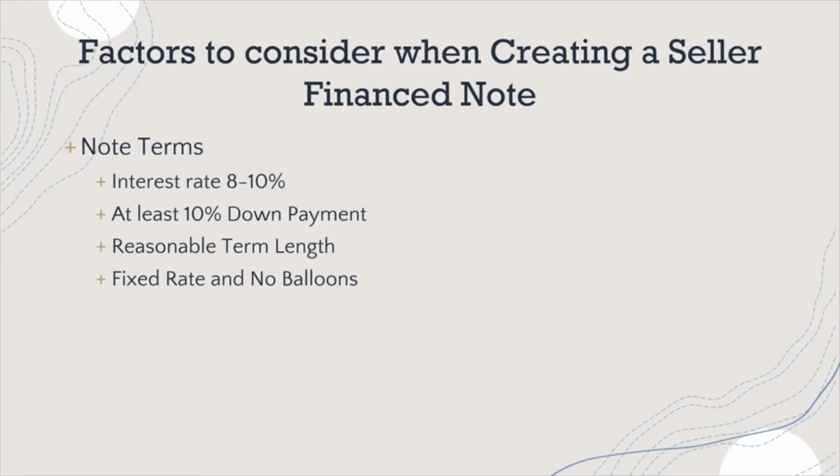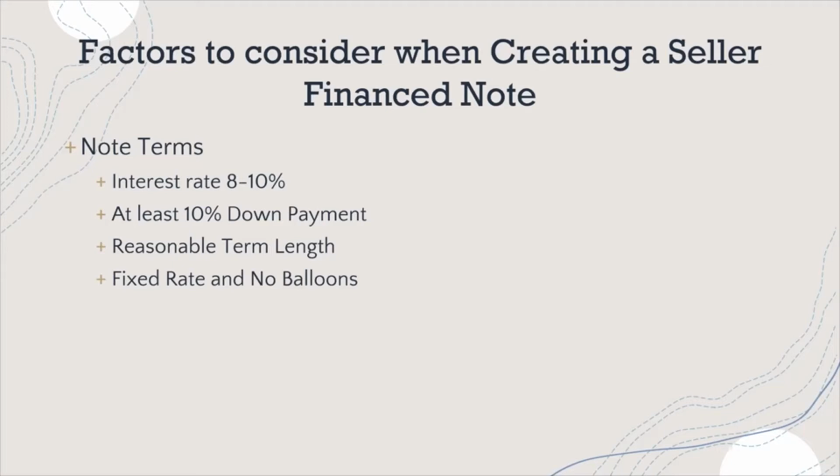So, fixed rate and balloons. Even with Dodd-Frank, you can do a balloon. They discourage it, but it needs to be at least 8 years out. Keep in mind that the average note that is created lasts roughly between 5 and 10 years. So why is there a need to do a balloon? There isn't.